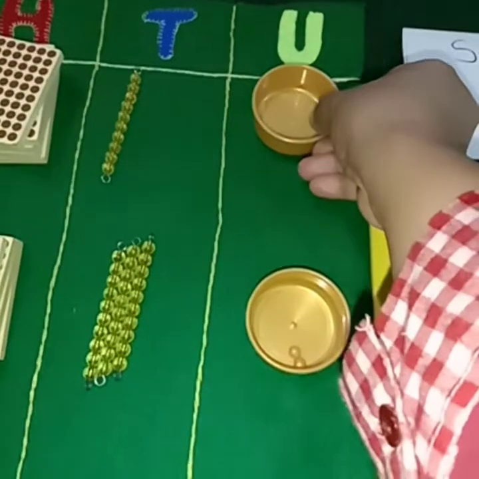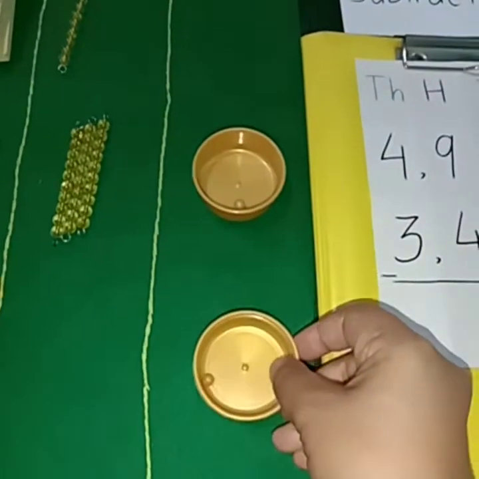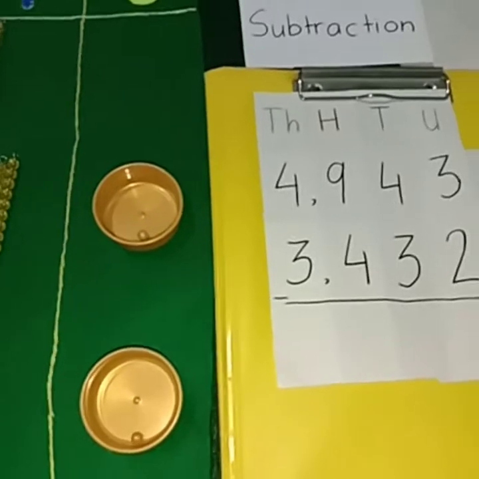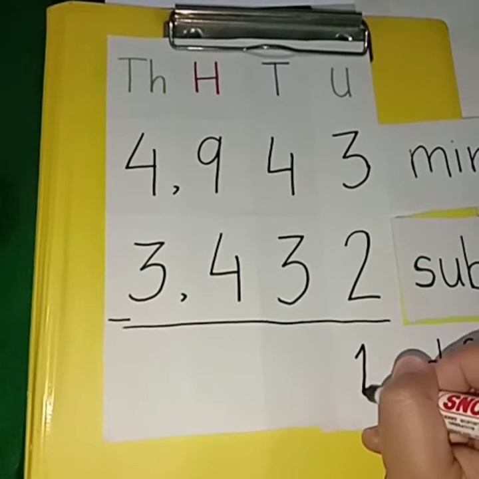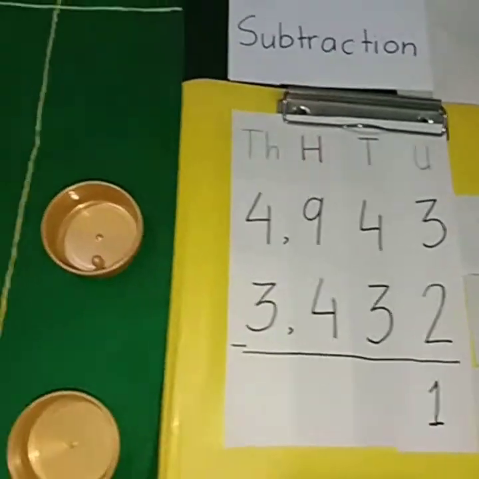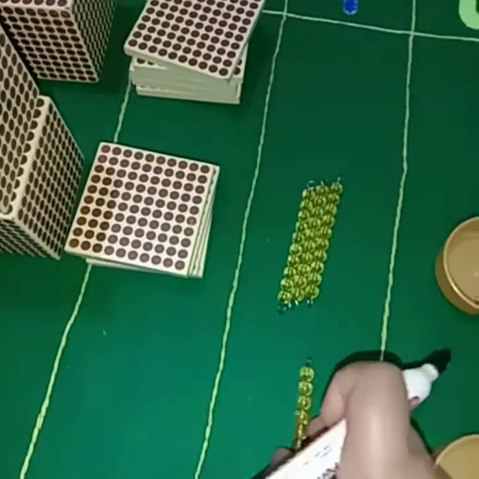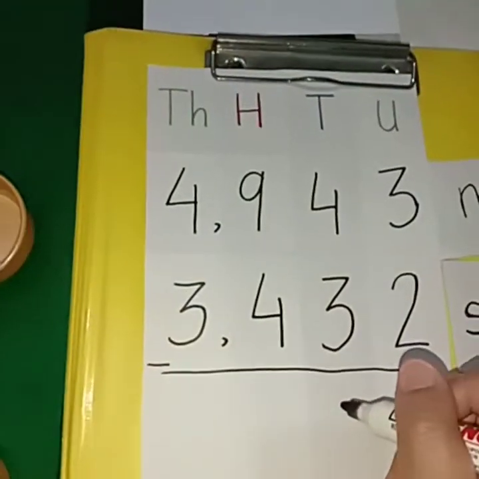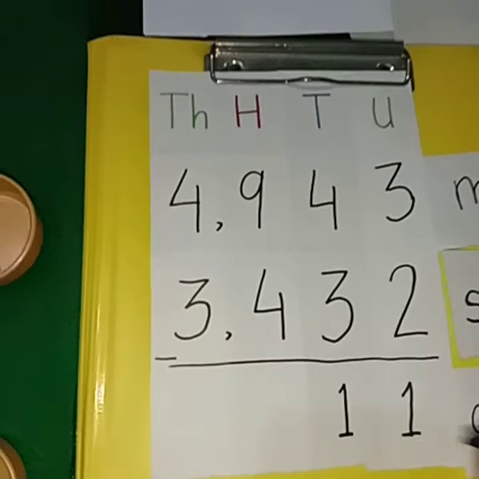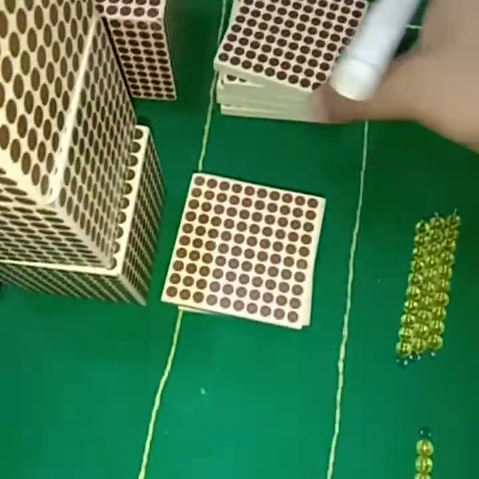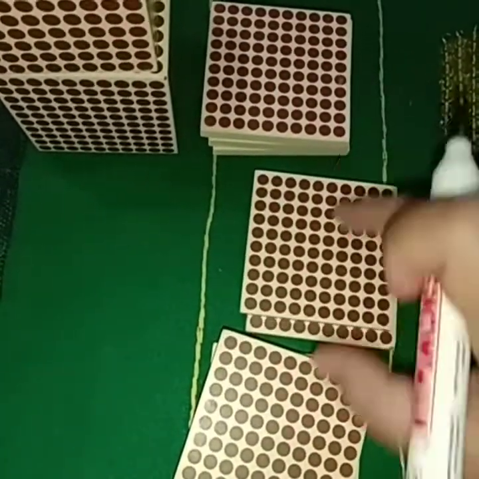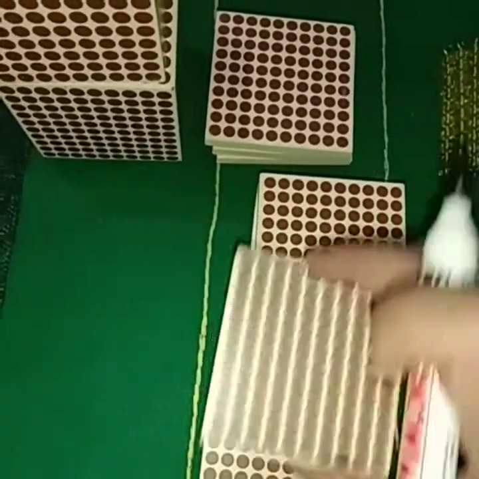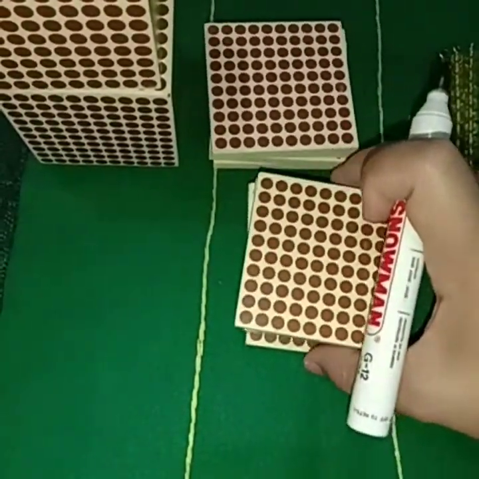And then we're going to write down here the difference. Okay, we'll start from the unit. This one, 1 unit. So we start to write down the difference from the unit, 1 unit. And then the tens here, 1 ten. And then the hundreds. Okay, let's double check how many hundreds. 100s, 200s, 300s, 400s, 500s.